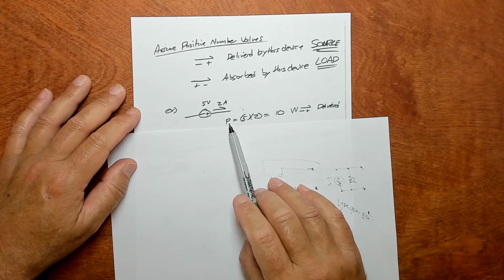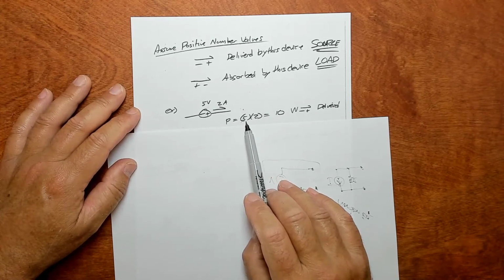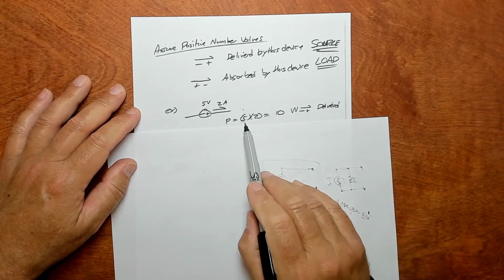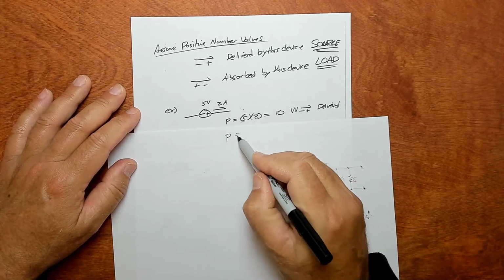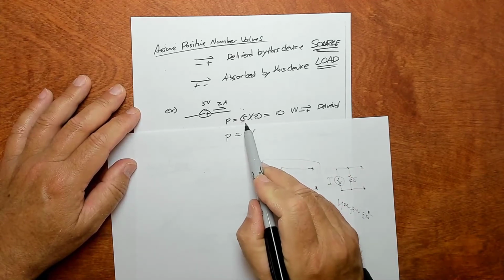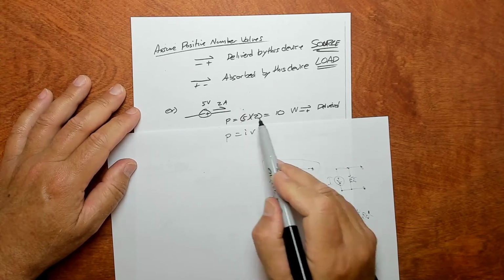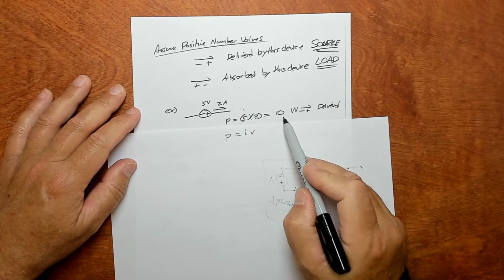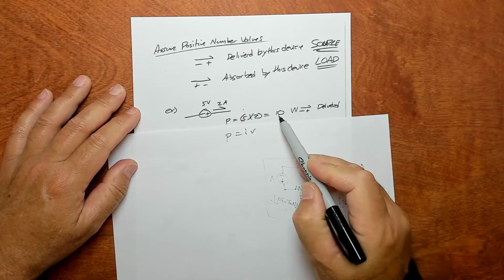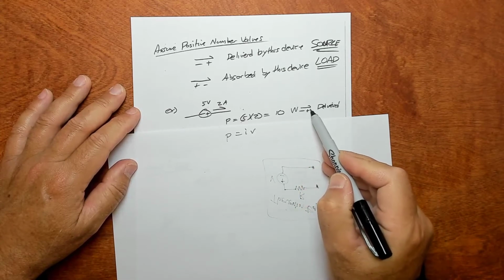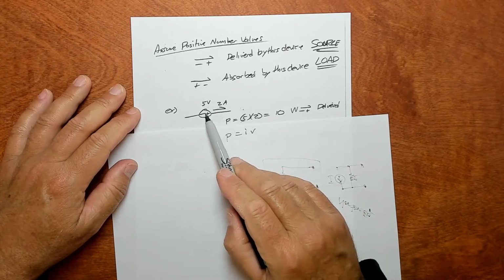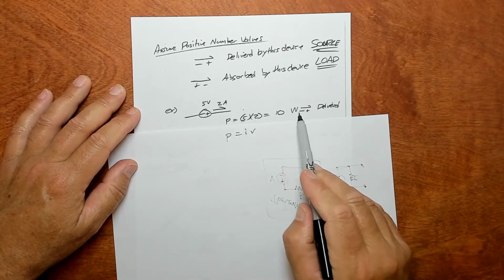Okay? So here's what I do. I'll write out power, P equals IV, is the formula I'm using here. So put the I in there, put the V in there. Or here I guess I used VI. Same thing. We get a value. And then I draw this. So it's 10 watts, that's the units. And then I draw this thing here. I draw the arrow and its relationship to the plus minus.